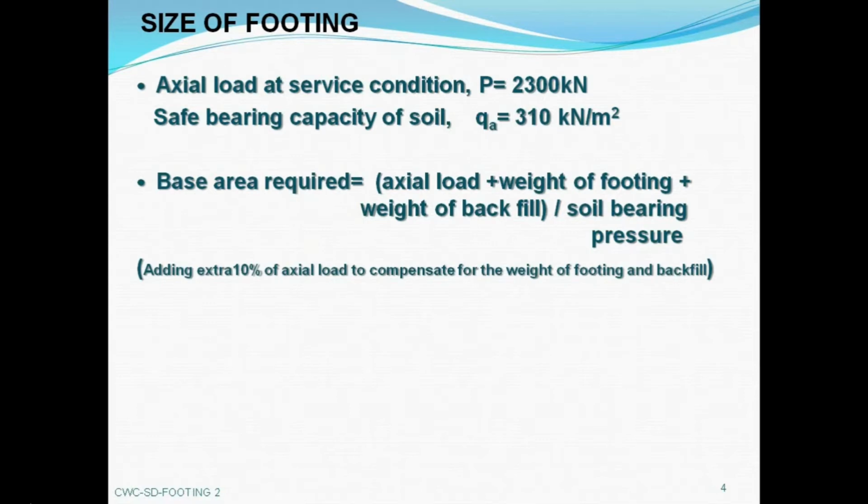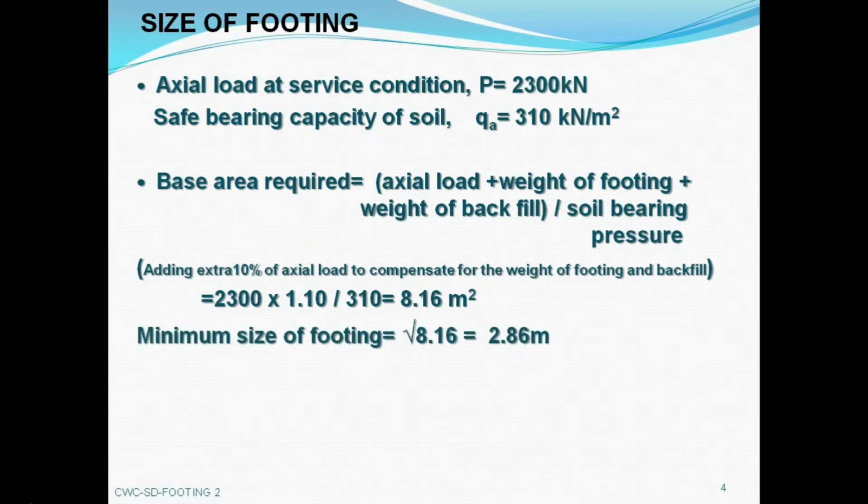Since at this point of time we don't have the dimensions of footing, we can't calculate the weight of footing and weight of backfill. So we can consider an extra 10% of axial load to compensate for this. So adding this 10% to the axial load and dividing it by the soil bearing pressure, we will get the area required as 8.16 meters square.